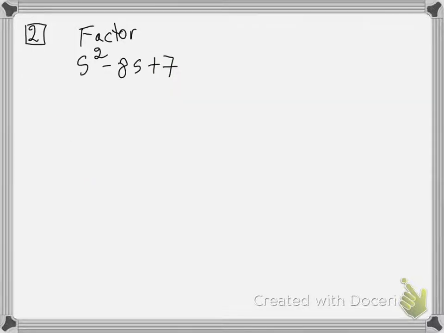In the next exercise, we're asked to factor this quadratic expression. There are a few methods on how to factor a quadratic expression. Here I will use the trial and error method, which is also called the guessing method.